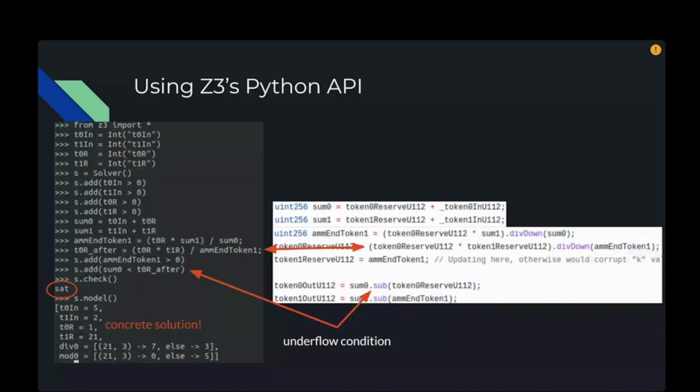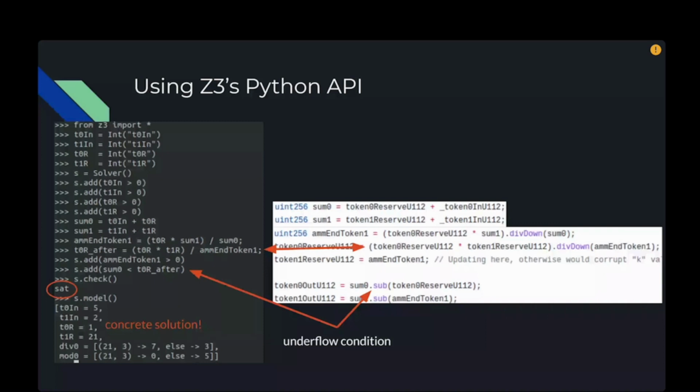You can see that first double-sided arrow is showing the correspondence between the final token 0 reserve calculation on the left and right, and it looks just like it does in the Solidity code. Basically, you just write your mathematical expression, but then to add a condition for verifying, because we want to try to find an underflow, right?